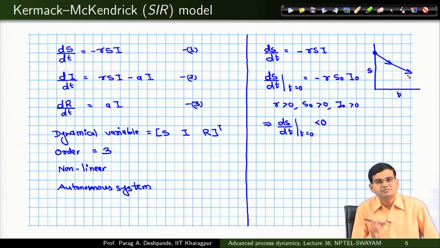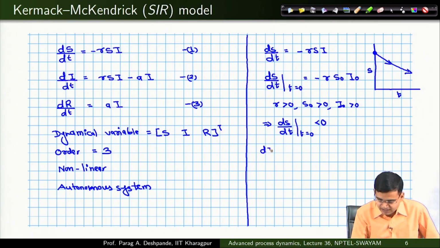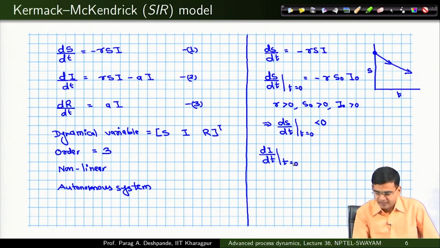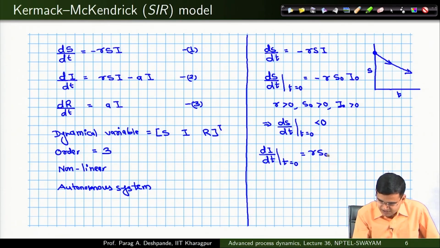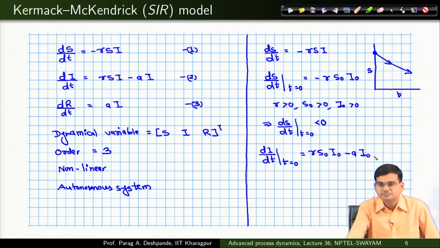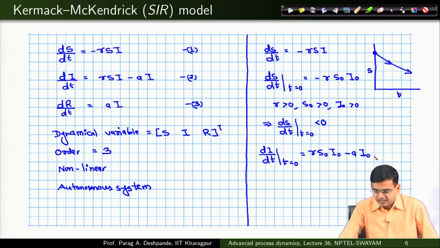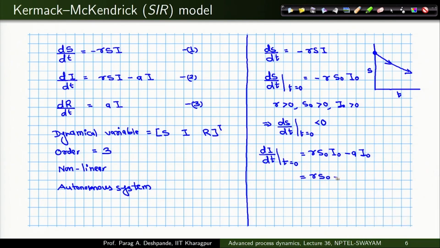Can I say the same thing about I? So, I have dI/dt at t is equal to 0 is equal to what? r S0 I0 minus a I0, from where I can write this as r S0 minus a multiplied by I0.